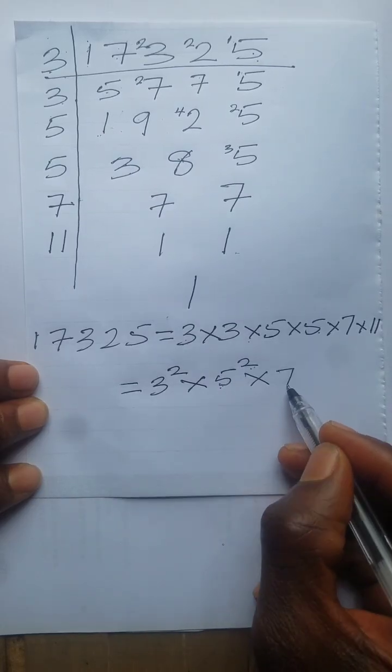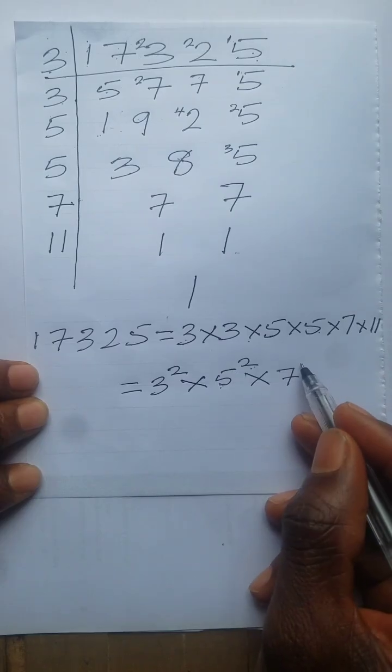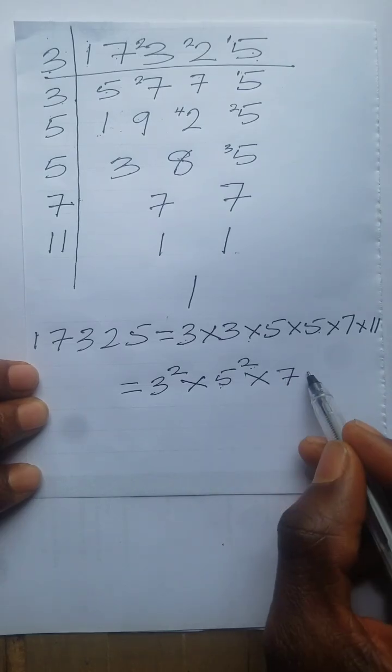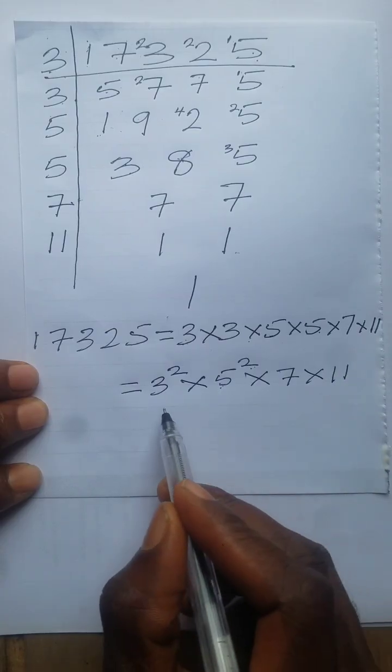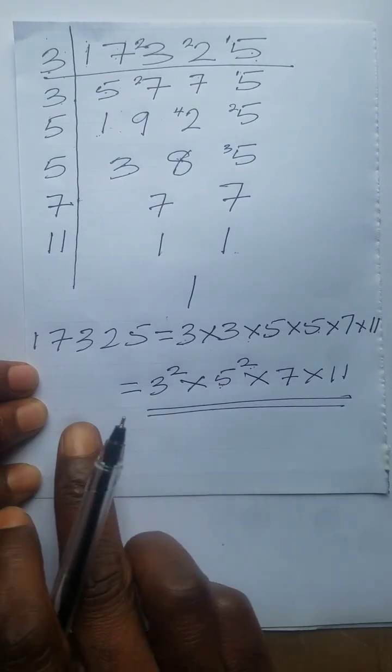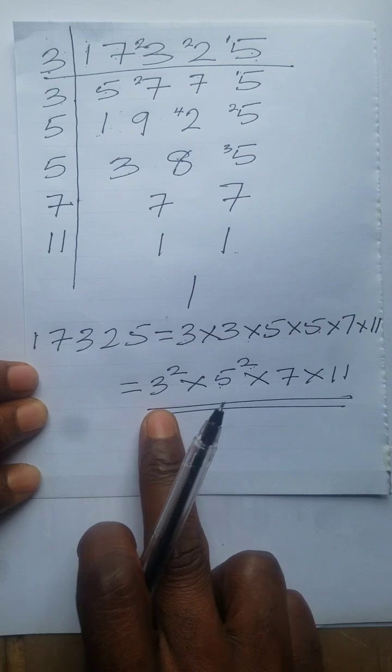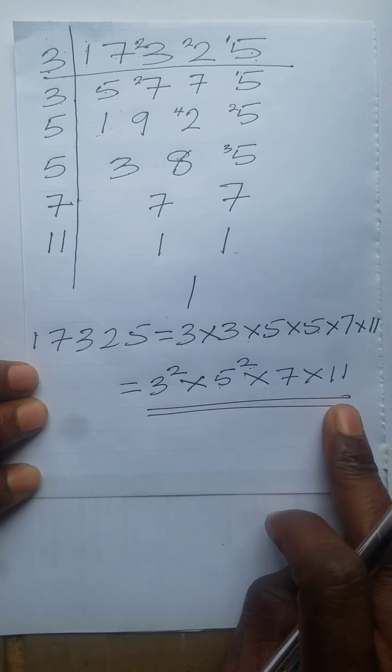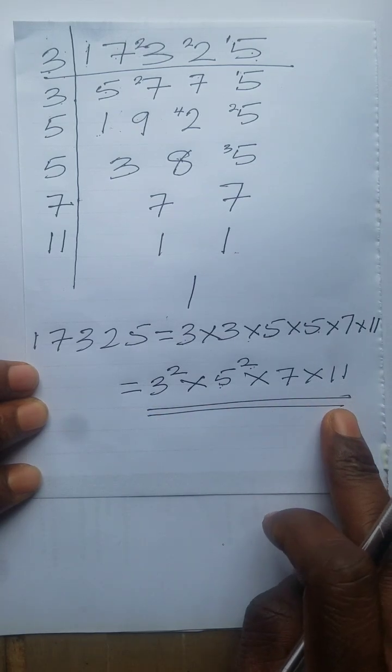Now 7 is just raised to power 1. We don't need to write 1. We don't write it. Times 11. So this is the same answer but in index form, if the question asks you to write it in index form.